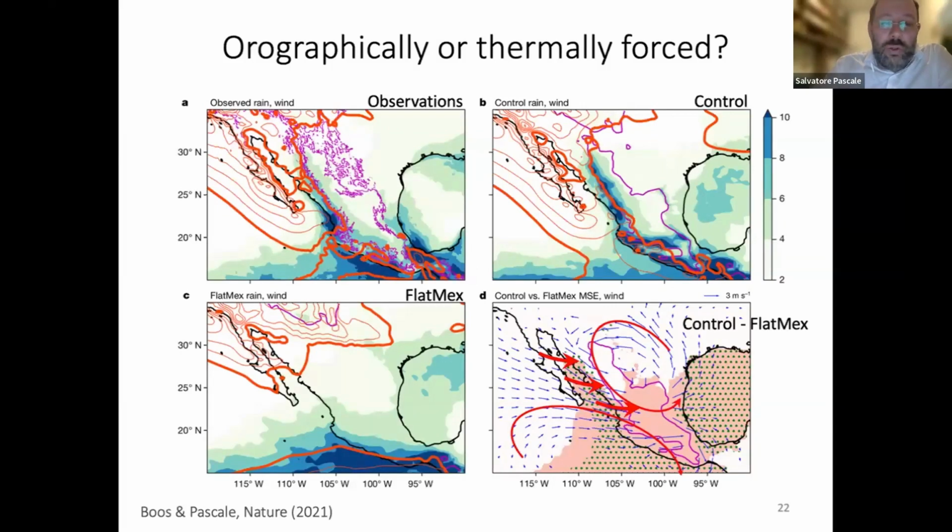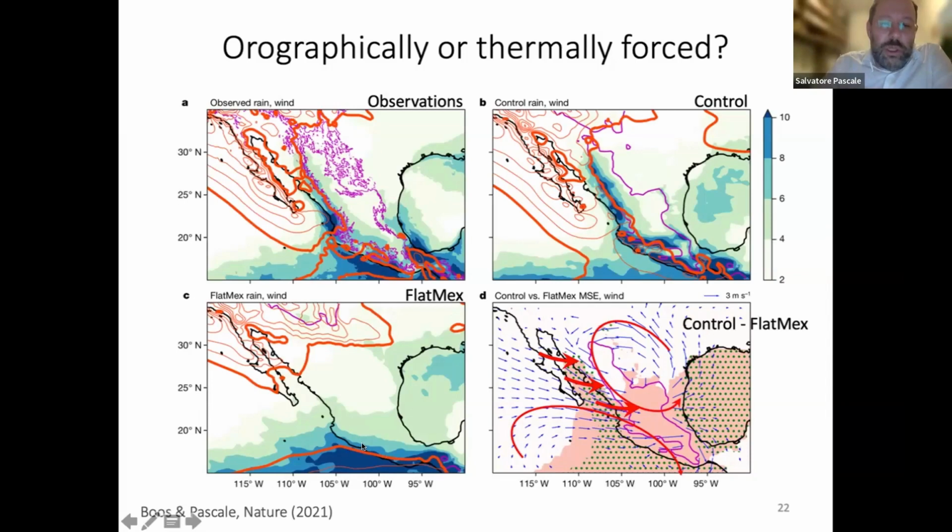And then what you can see, if you compare control and flat Mex, is that if you flatten the topography, the very characteristic band of rainfall, which is along western Mexico, disappears.